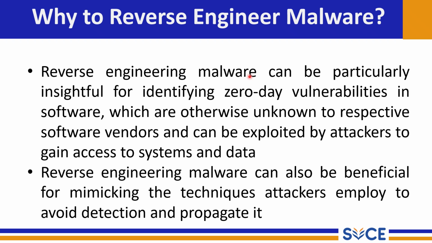And other applications include failure analysis, technical documentation, as well as manufacturing. So reverse engineering can help to determine the cause of a product failure, allowing for corrective actions, and it can be used to create technical documentation when it's missing or incomplete. Okay, so this is why we are going for reverse engineering malware.